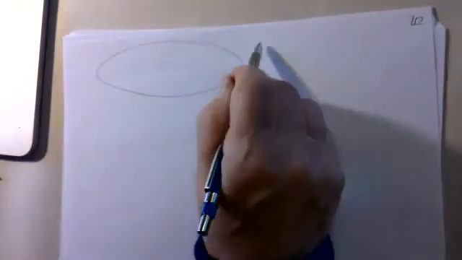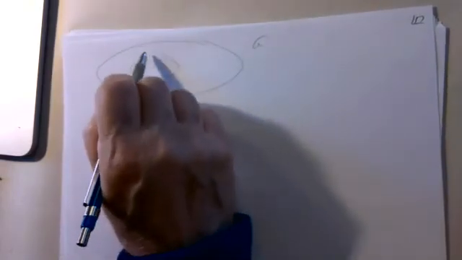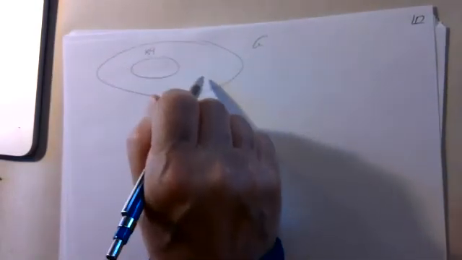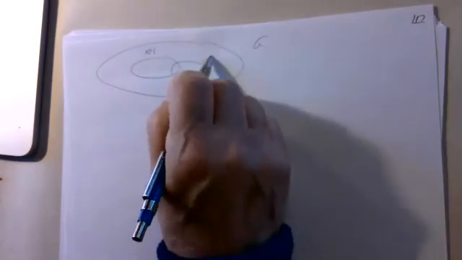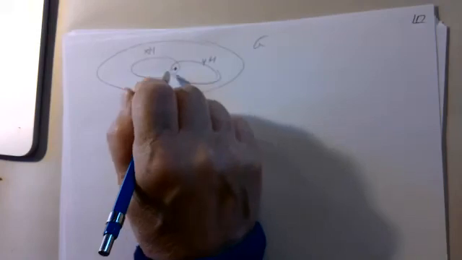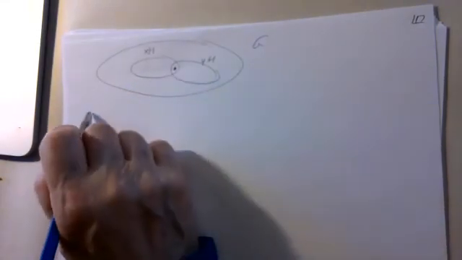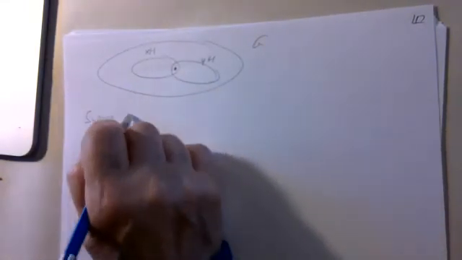So here I have my group G. Here I have a coset xH. Here I have a coset yH. And I'm assuming there's some element z which is in both of them.